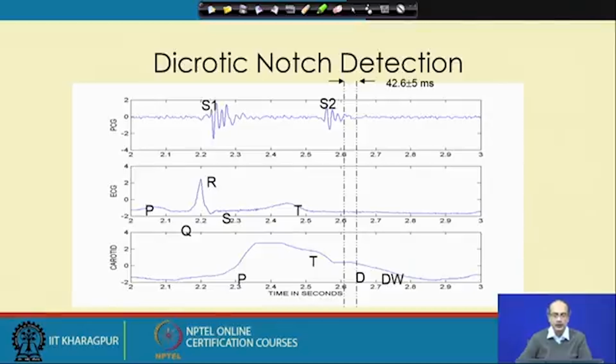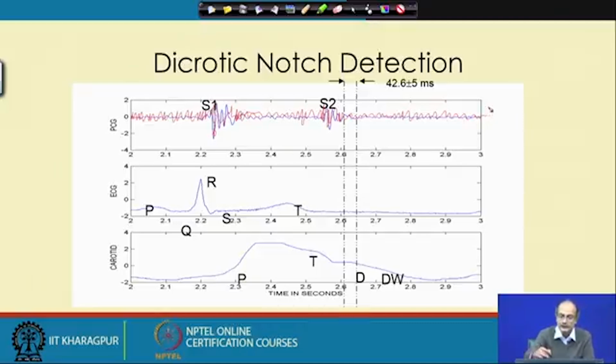The way it is shown here, it is a filtered, clean signal; in real life it will have a lot of noise superimposed on it. Now, if a lot of noise is superimposed, then here also, S1 and S2 do not come so clean.